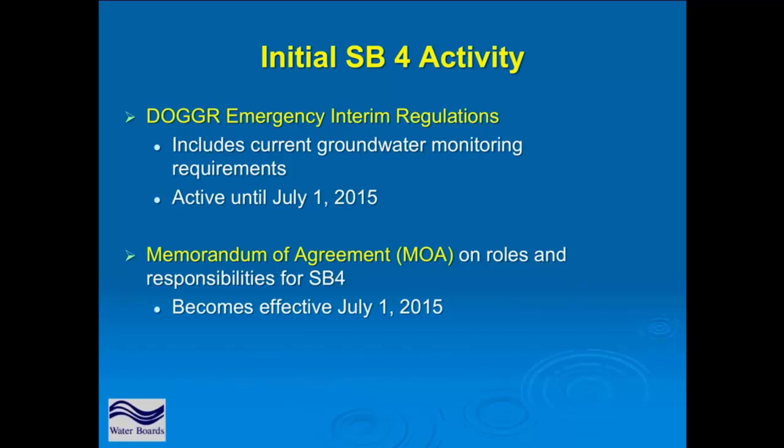As part of the well stimulation permitting process, well operators, as you've heard before, are now required to either include a groundwater monitoring plan or a letter of concurrence from the water board staff that states that we concur there isn't any protected water to monitor. In addition, we've worked with DOGGR to develop an MOA related to the well stimulation regulation activities.